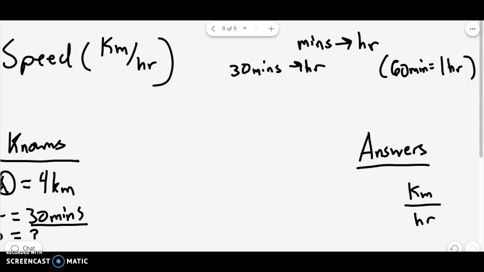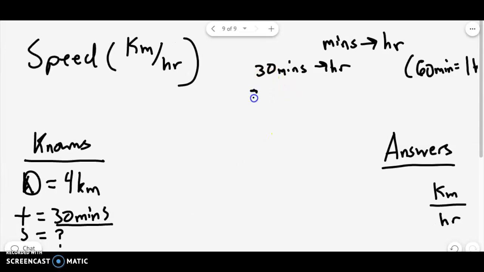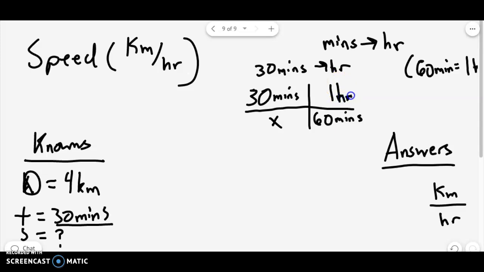So if I convert 30 minutes, the one is at the top, so I'm going to divide 30 divided by 60.